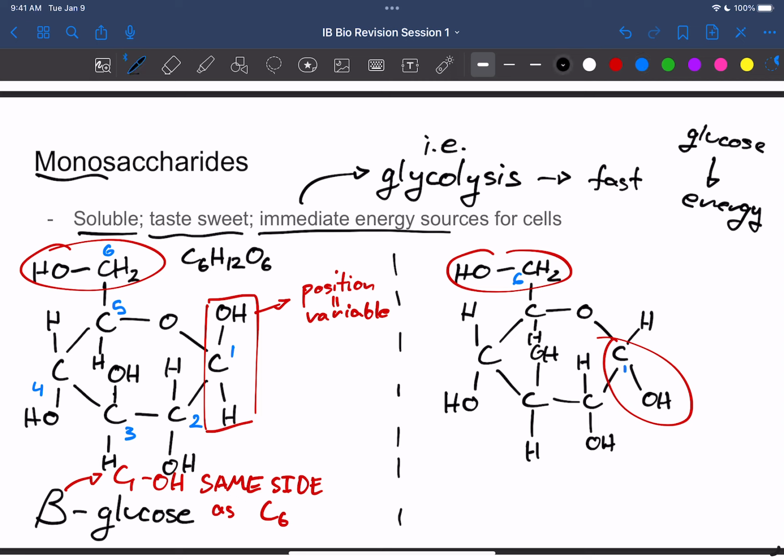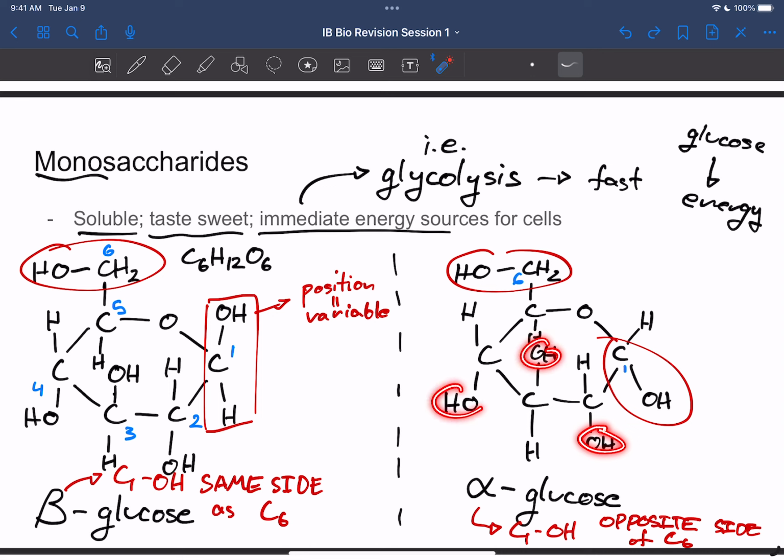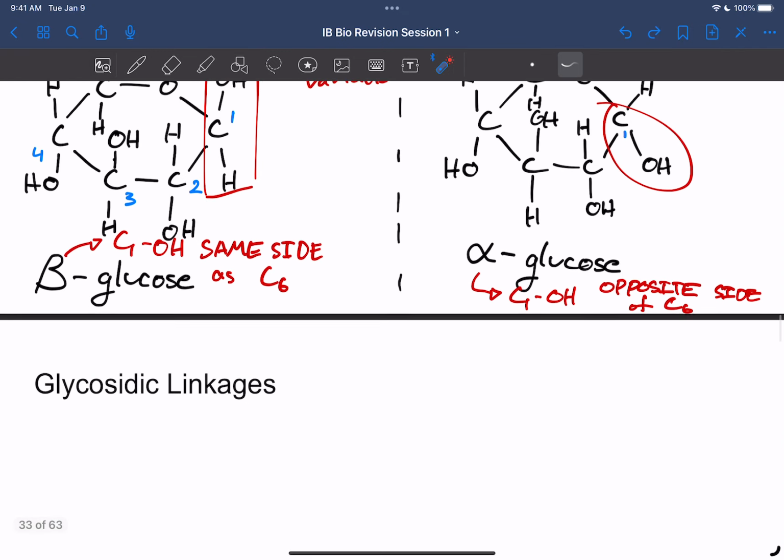And when they're on opposite sides, we call this alpha. And this whole molecule is glucose. So when you see alpha, it means the C1 OH is on the opposite side of C6. And it's glucose because of the arrangement of the other OH groups. If any one of these was arranged differently, you would get a different name for the sugar.